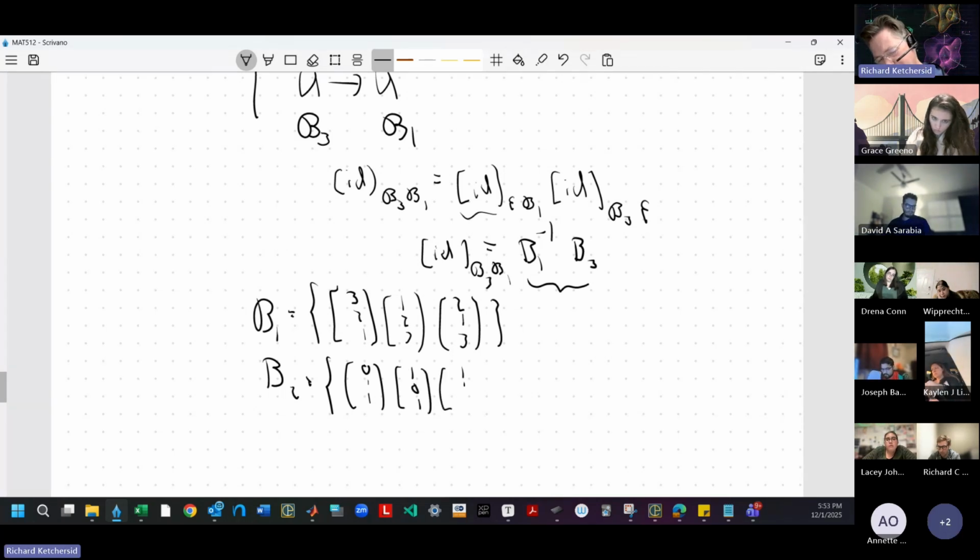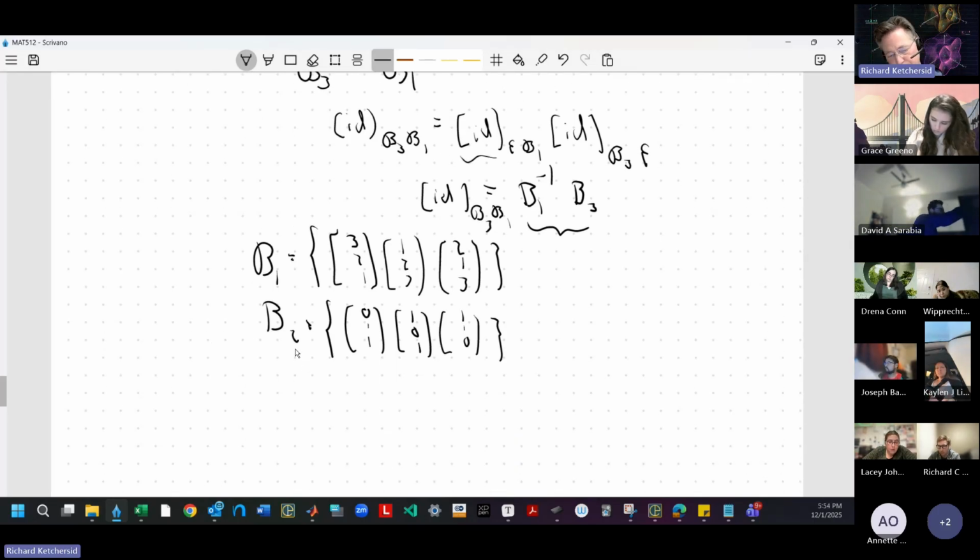I'm not sure. So those are my two bases that I'm interested in. I'm interested in, let's call it B3 because that's the notation I had here. So I'm interested in the identity map going from B3 to B1.